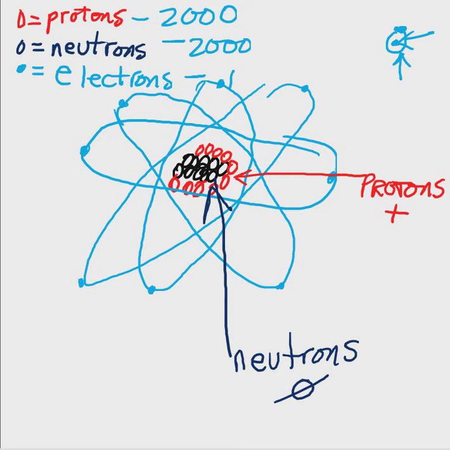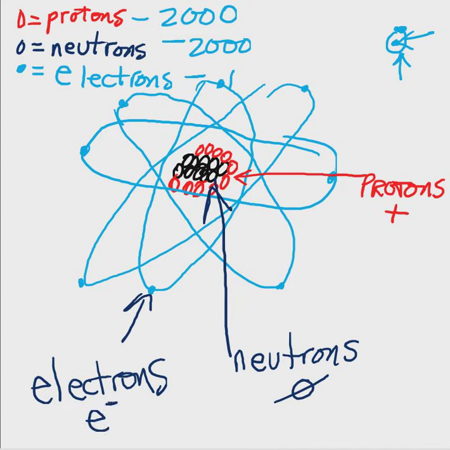And then we also have our electrons, and our electrons have a negative charge. We're going to just use E as an abbreviation for electrons, and then we'll put the negative as a superscript.